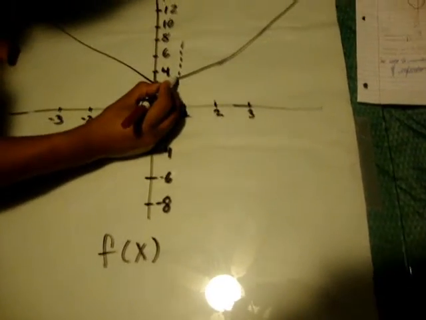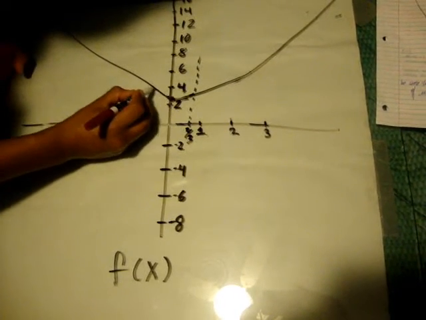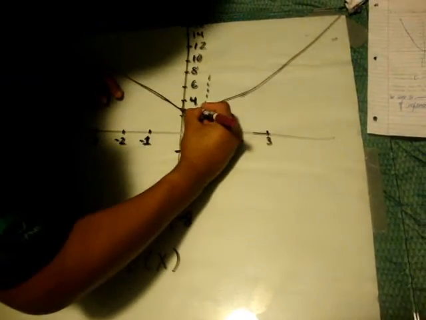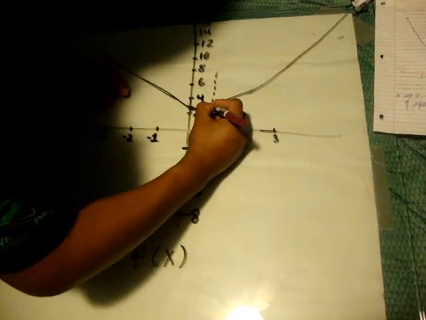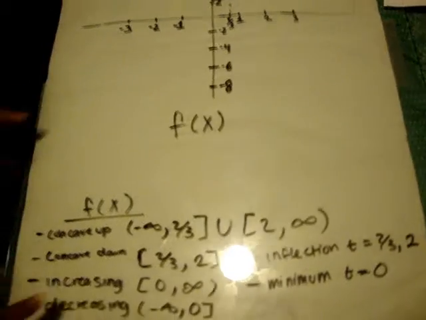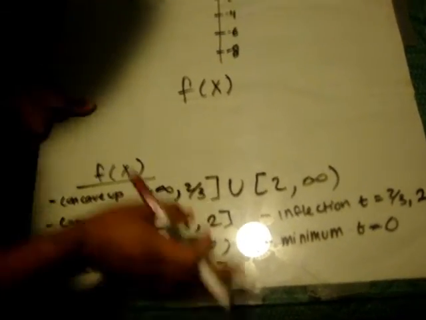So we got to make sure that all this is concave up, which it pretty much was already. So we just got to make it real, make sure it stands out that it's concave. Okay. So now here it says that it's concave down from 2/3 to 2.